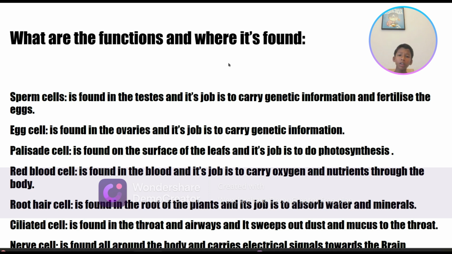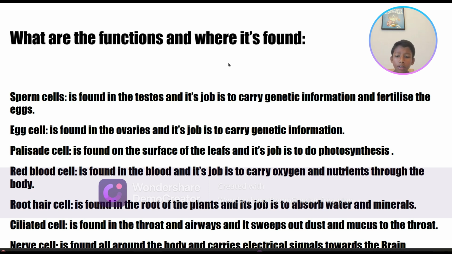What are the functions and where are they found? Sperm cell is found in the testes and its job is to carry genetic information and fertilize the eggs. Egg cell is found in the ovaries and its job is to carry genetic information. Palisade cell is found on the surface of the leaves and its job is to do photosynthesis. Red blood cell is found in the blood and its job is to carry oxygen and nutrients through the blood.